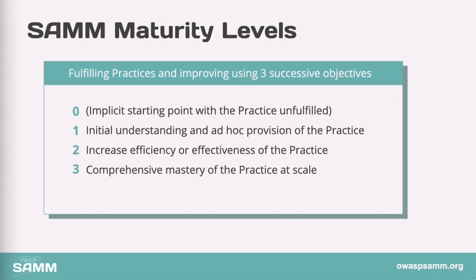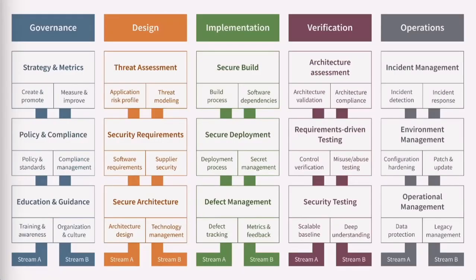So if you are not doing anything, you are at level 0. Level 1 is where we understand we should be doing it, we should be doing certain things. Some of our teams are doing it and we have some ideas around it, but it's really very ad hoc and not well structured. Level 2 defines the practices.